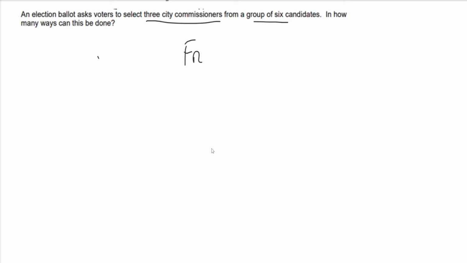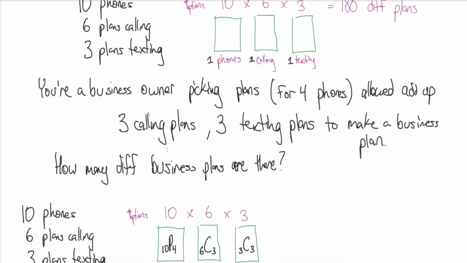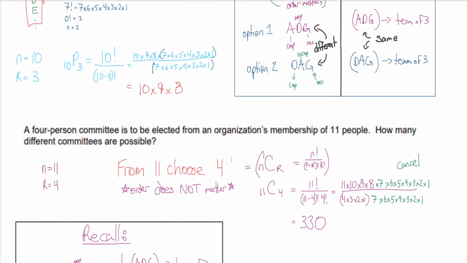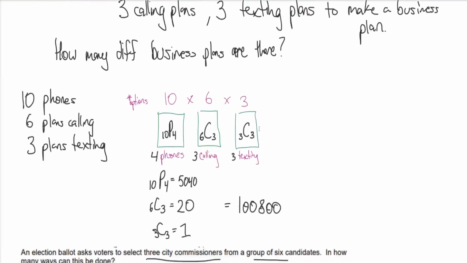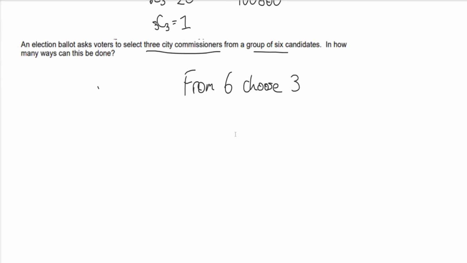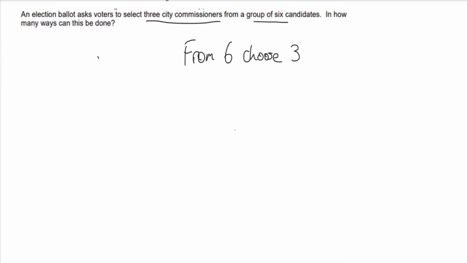So from 6, choose 3, right? And just like the last questions, we've asked, does order matter? Are they unique positions? If we need to, we can compare 2 selections. So let's say we choose person A, person D, and person E. Is that different than person A, person E, person D?